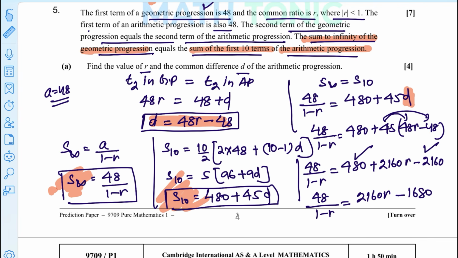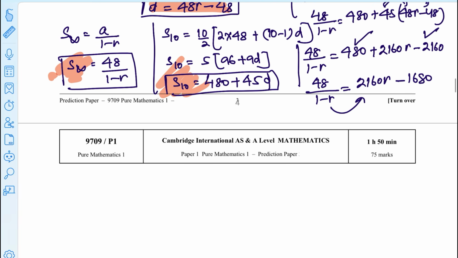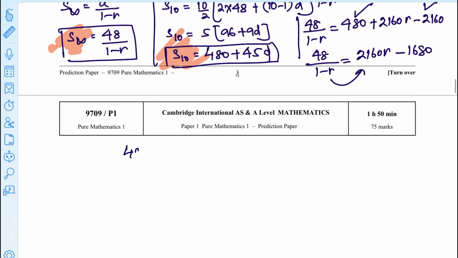So let me write down here, if I move this, I get 48 equals (2160r minus 1680) times (1 minus r), right?